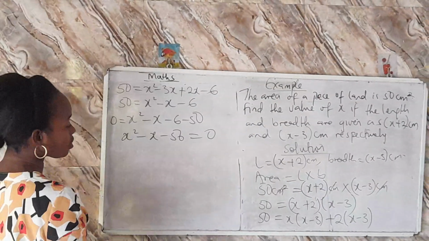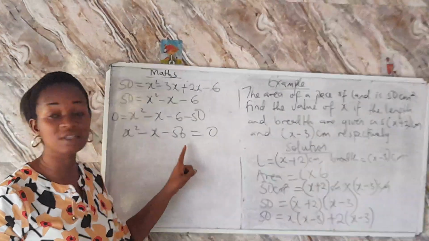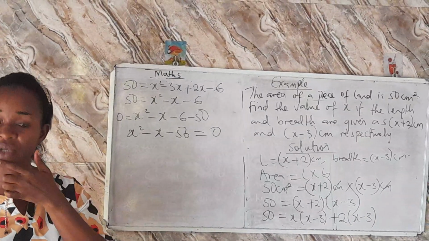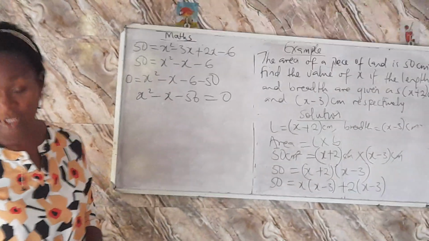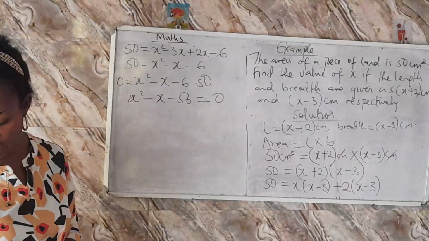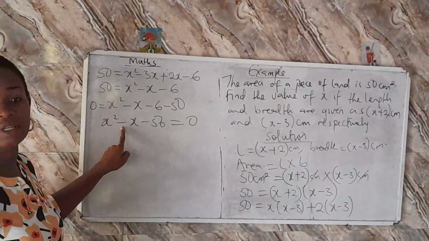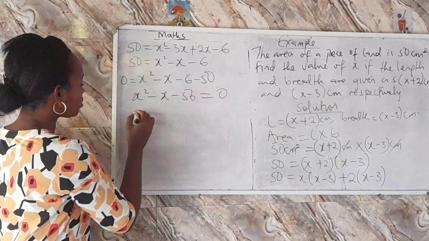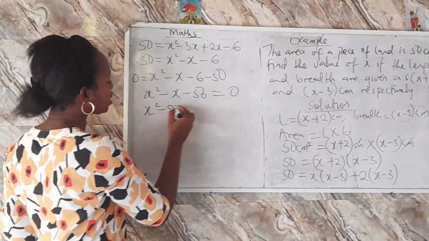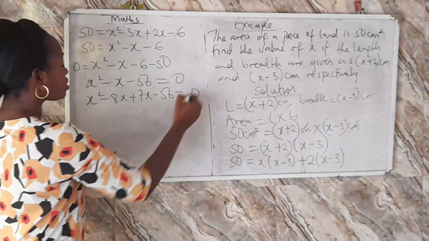What are the factors of negative 56 that when you add you get negative 1? I think it is 8 and 7, because this is negative, 8 will be negative 8. So we'll have x squared minus 8x plus 7x minus 56 equals 0.